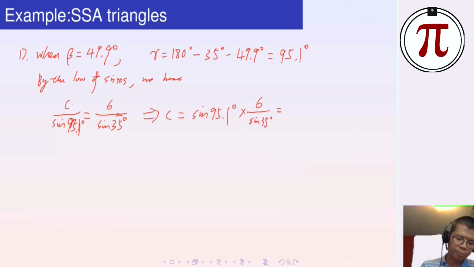What is that? What did you get? I got negative 10.5.